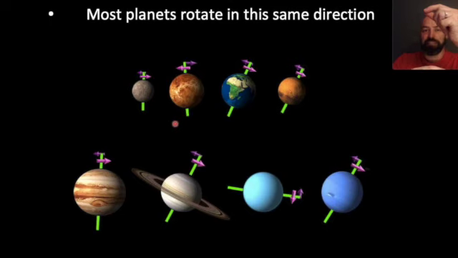Its axis is flipped, so even though the material is rotating the same way it started, because it's flipped, it looks like it's rotating the opposite direction. That's one idea. There's another idea that possibly it was struck by a large object and caused that to happen, but either way, those are the two that are different, and they have hypotheses that they originally were going in the same direction as all the other ones.